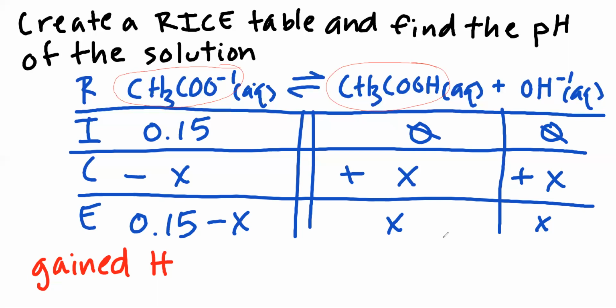We don't need a Ka, which we would find in the table. We need the Kb because it's a base. We're gaining hydrogen.